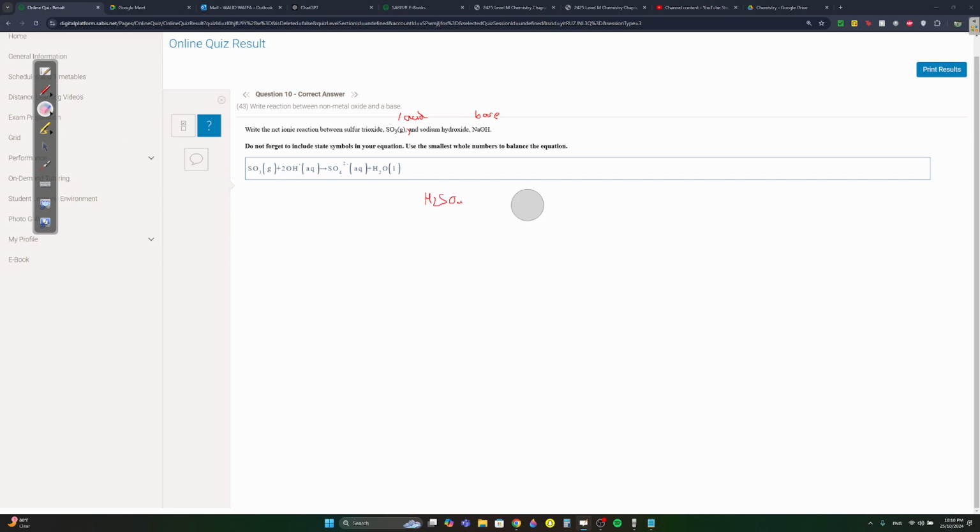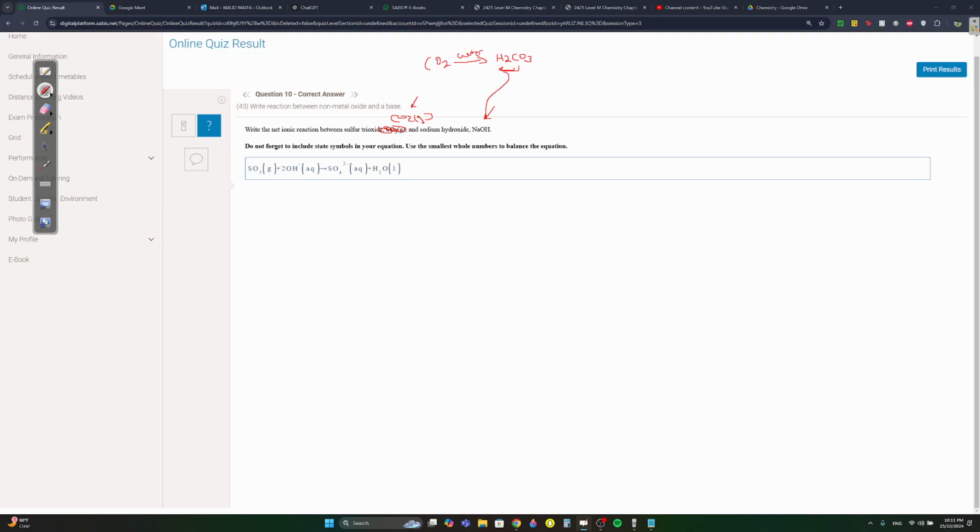Let's say they said CO2. CO2 gas. Okay, this is acidic, this is basic, but you can't use the CO2. Dissolve CO2 in water. What do you get? You get H2CO3, which is carbonic acid.